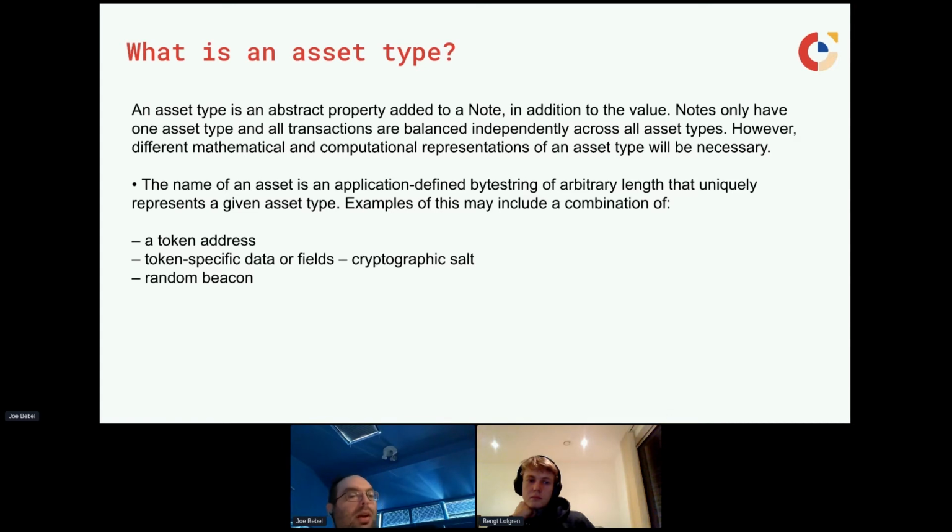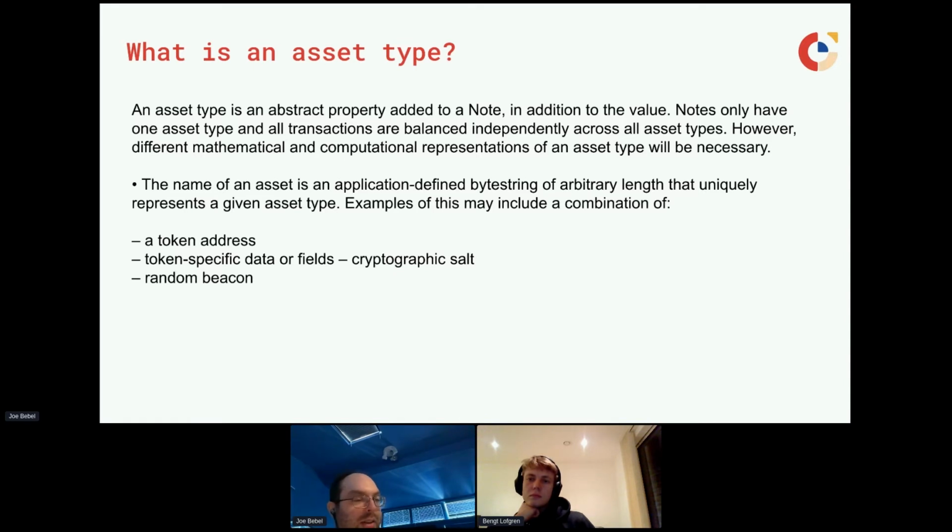And so we're just going to call the name of an asset some generic thing that uniquely refers to the asset, which might come from some token derivation, or token address, or something like that.